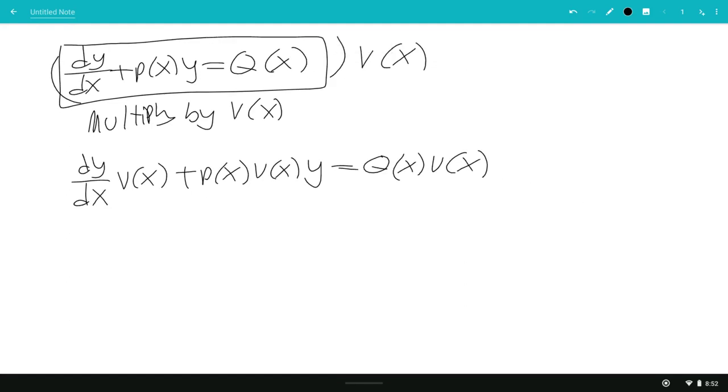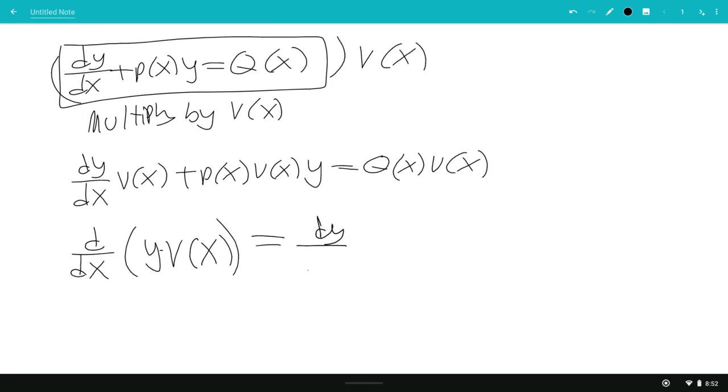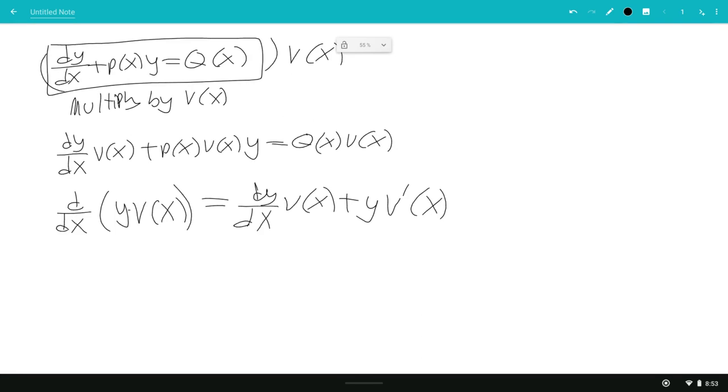On the left-hand side, we really want the derivative of y times the integrating factor, v of x, which would equal dy/dx v of x plus y v prime of x. But the terms on the left-hand side of our equation don't equal these terms.